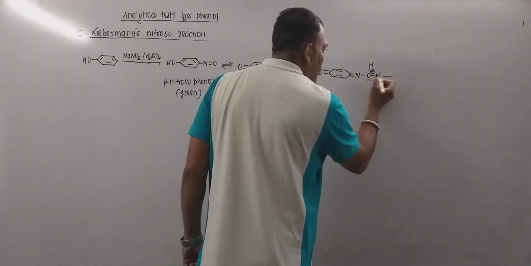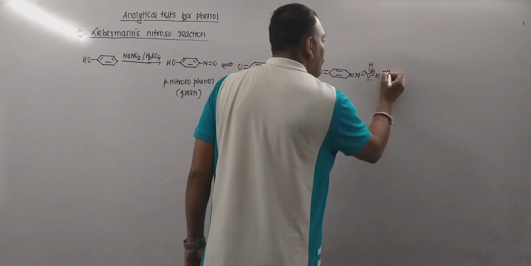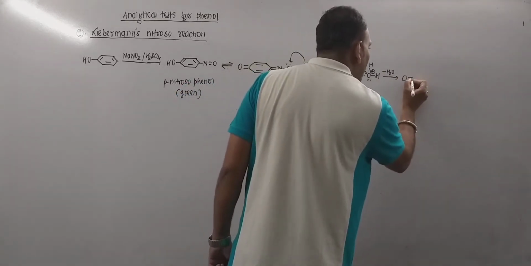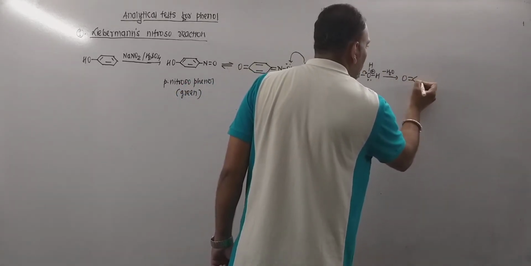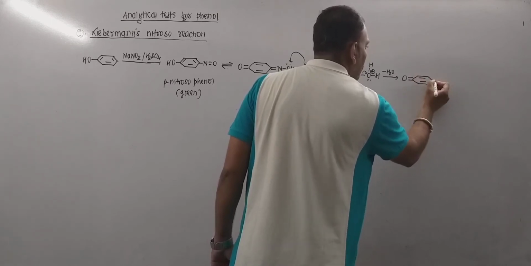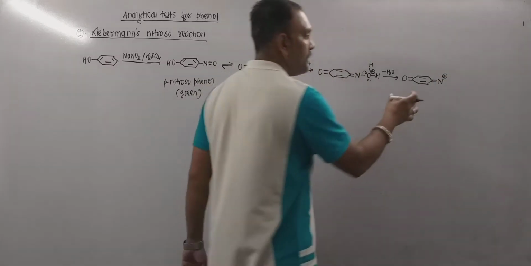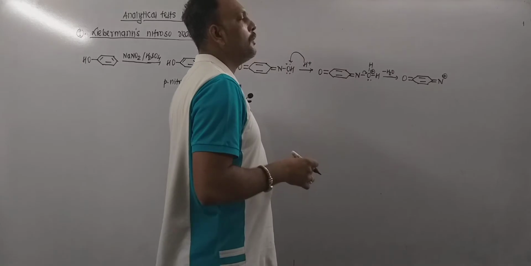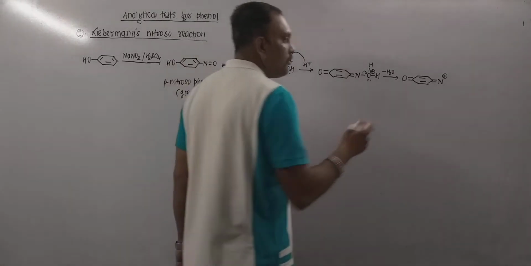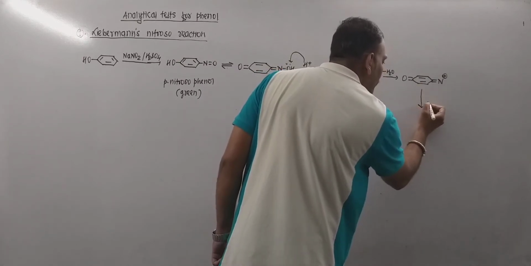So right here, along with this pair of electrons, departure of water takes place, and this nitrogen now bears positive charge. So the next intermediate so obtained can be given as this. Now look at this species where nitrogen contains positive charge. Now this species can act as an electrophile.